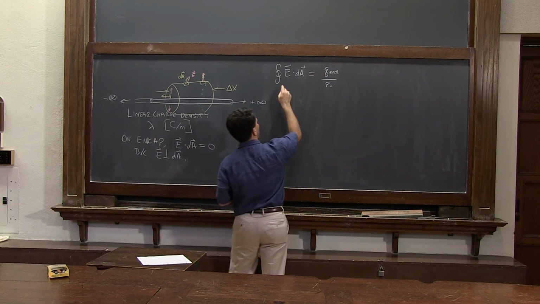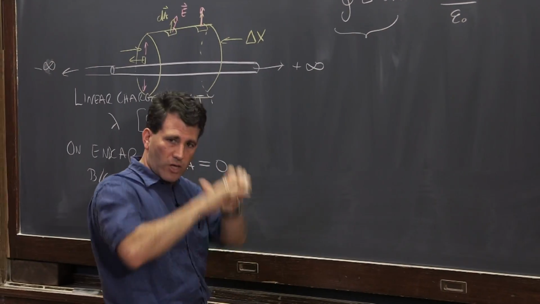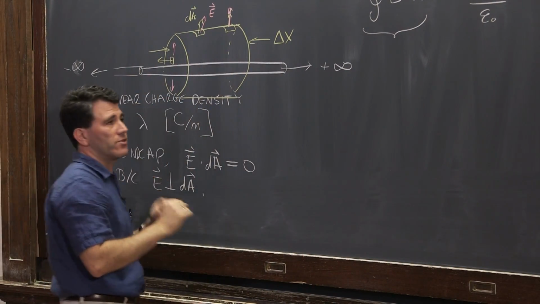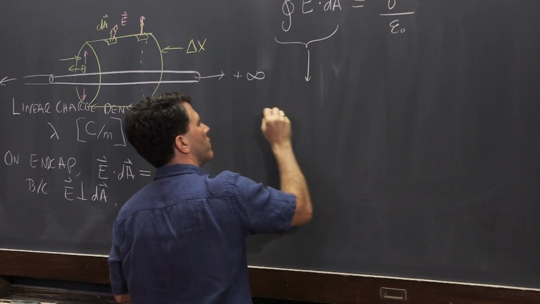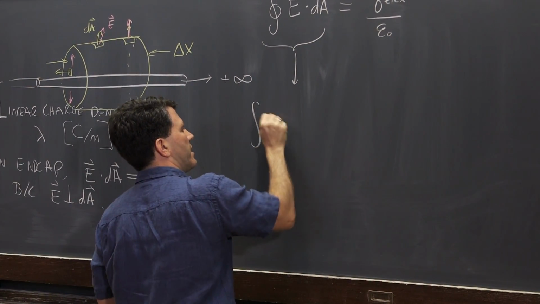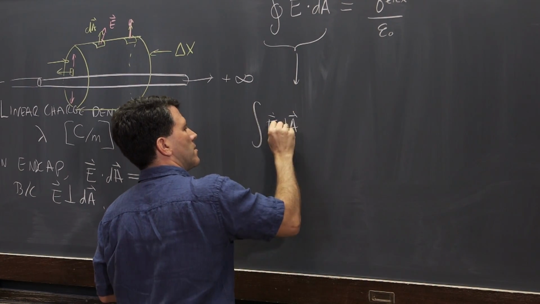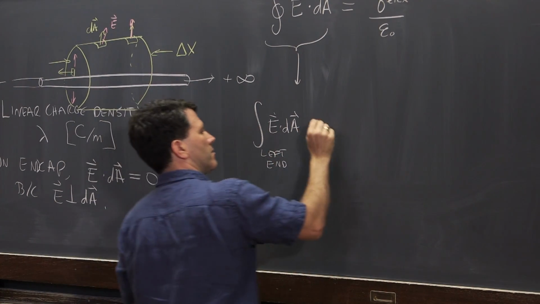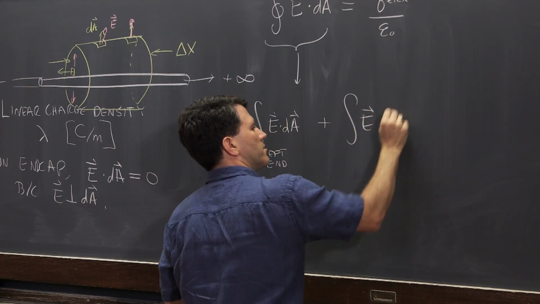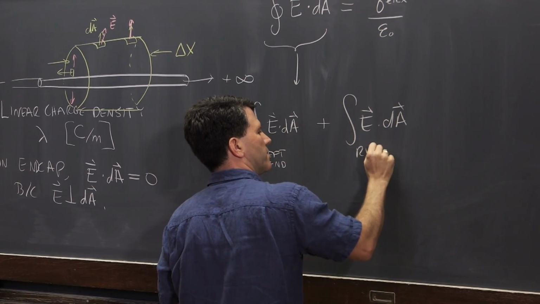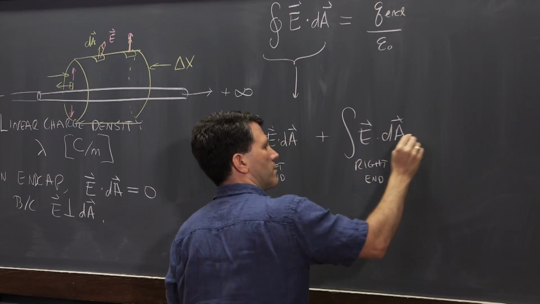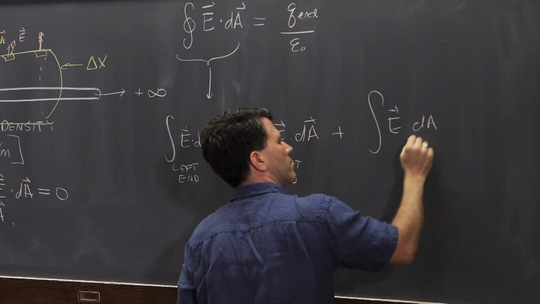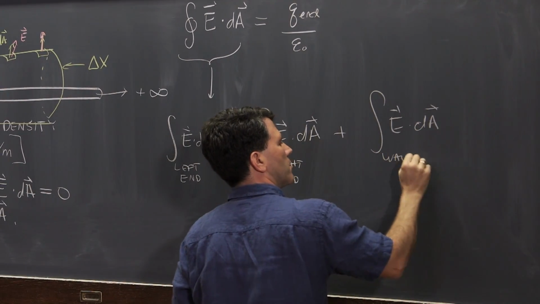And we can write it as a sum of those 3 terms. So let's do that. We're going to take this integral over a closed surface and write it as a sum of integrals over patches that make up that closed surface. And so we're going to then have the integral of E dot dA over the left end, plus the integral of E dot dA over the right end, plus the integral of E dot dA over what I will call the wall, right?